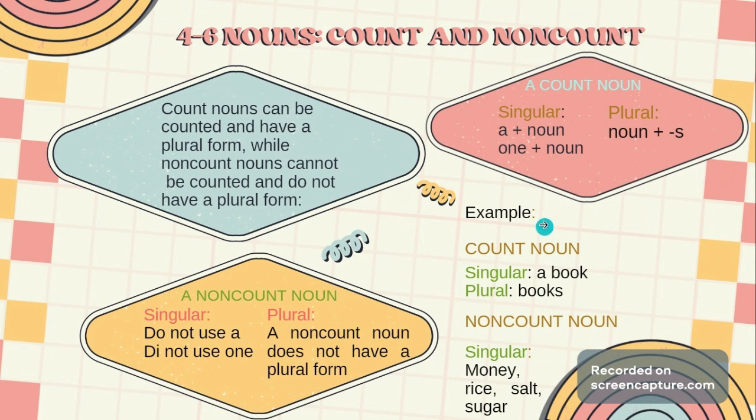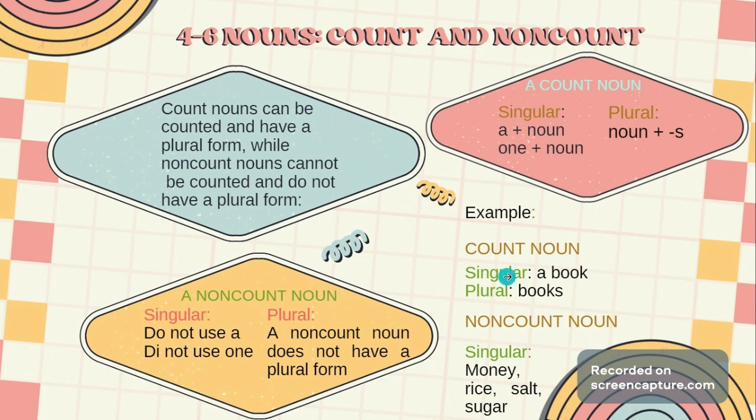So the example for a count noun, the singular is a book, a indicates that the book is singular, and for plural, books. So the plural adds s at the end of the word, so it becomes plural.